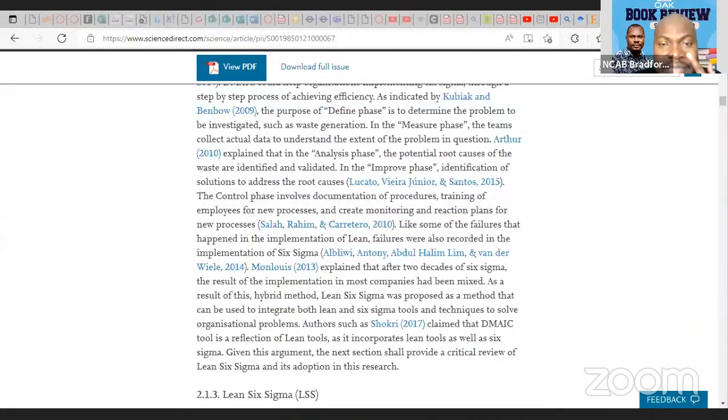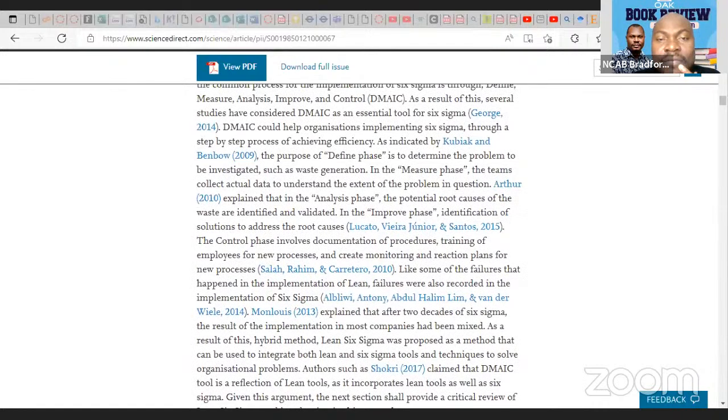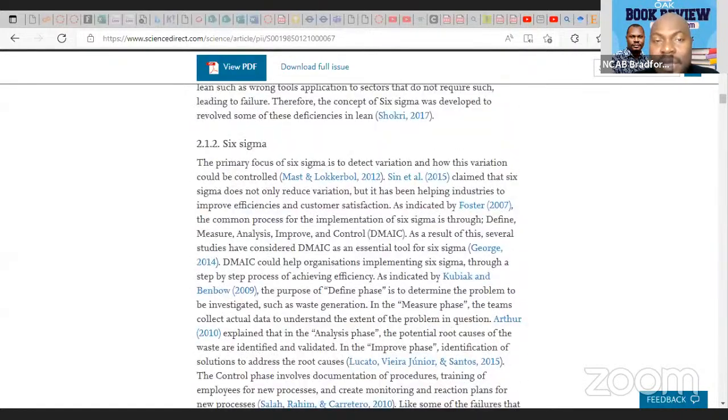I've seen somebody ask the question: if I am citing another person and you are not the original owner of that statement, there are two ways you can do it. You can say Kolawole 2021 as cited by, so you use two authors there.